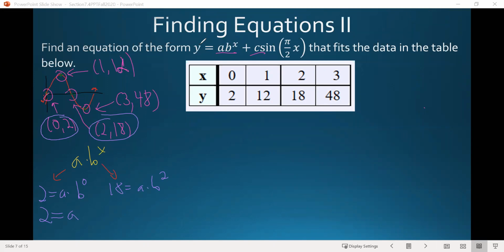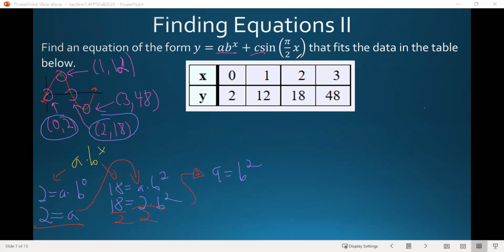Okay, and then now that we actually have the value for a, we can take that and plug it in for a in the other equation. So that would give us 18 equals 2 times b squared. You can divide by 2 on both sides, which would then give us 9 equals b squared.